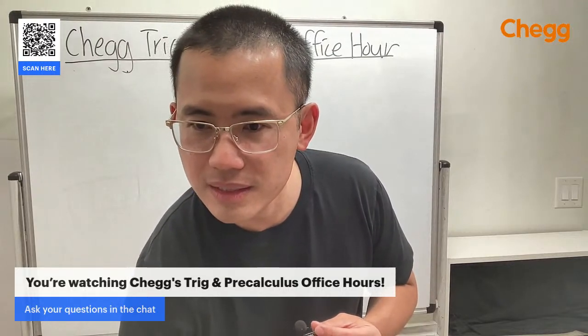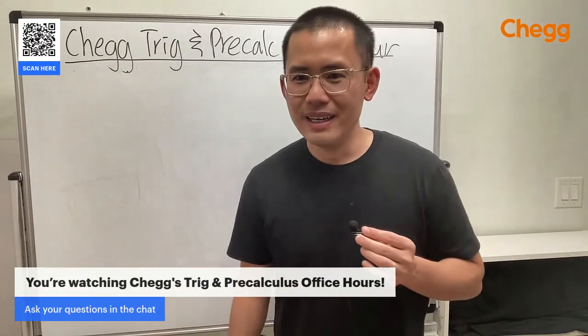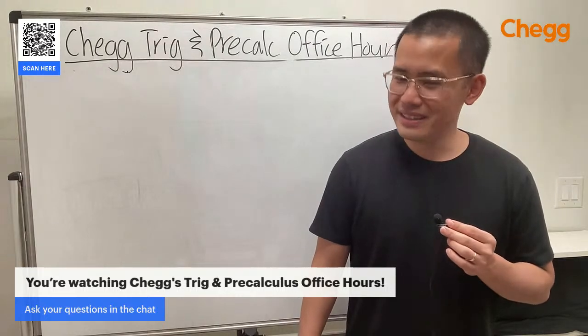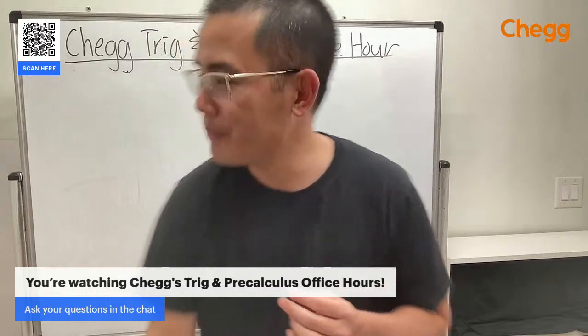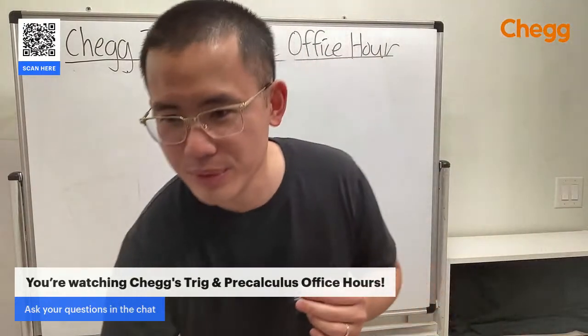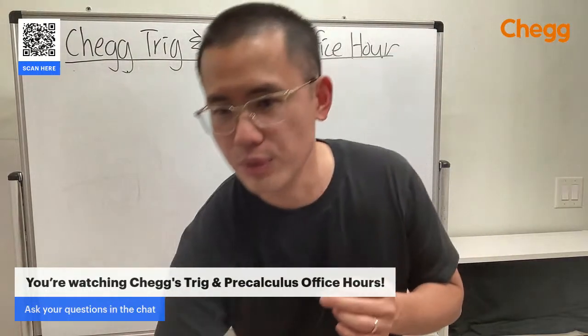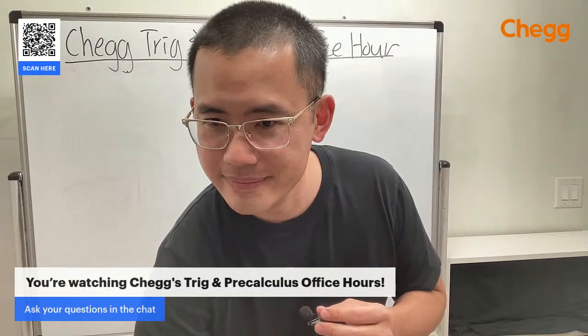Yes, in differential equations, trig never goes away. Yes, definitely. Enhance your trigonometry. It's really, really beneficial, even in higher level math and also physics. In physics, you have to use a lot of trig.